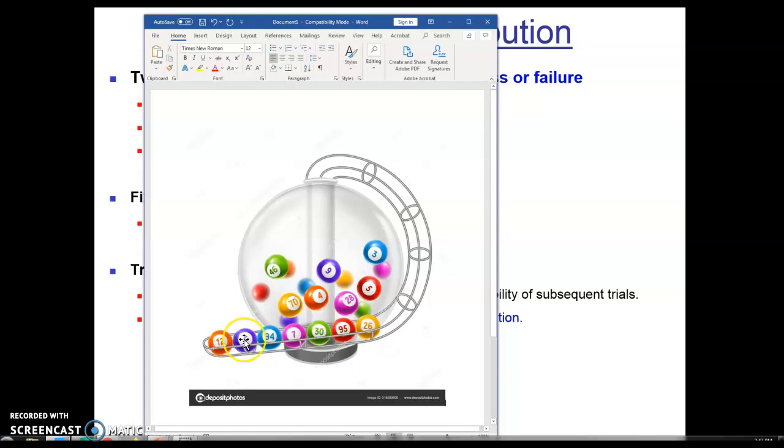But the probability of getting a 5, this would be the second trial, would be 1 out of 99 because the 12 has already been removed. And the probability of getting the third ball, the 94, would be 1 out of 98 because now there's 2 balls that have been removed. And that process continues. Essentially, you're removing outcomes from your sample space on each trial, which is changing the probability of subsequent trials.